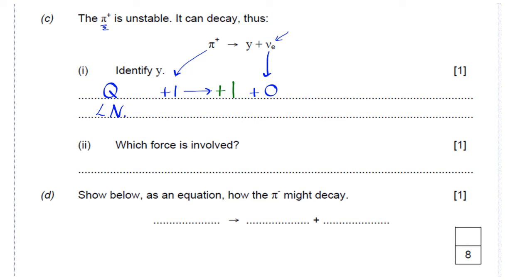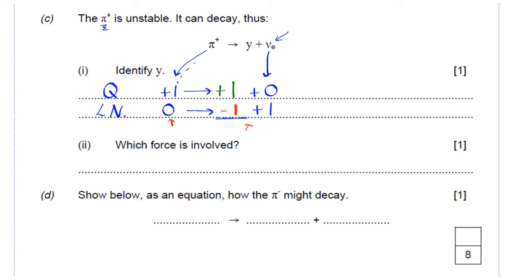Lepton number. We've got the pion, which is 0, becoming something here. And the neutrino is a lepton, so it's plus 1. So to go from 0 to 0 on this side, this must have a lepton number of minus 1. What do we have that has a lepton number of minus 1?